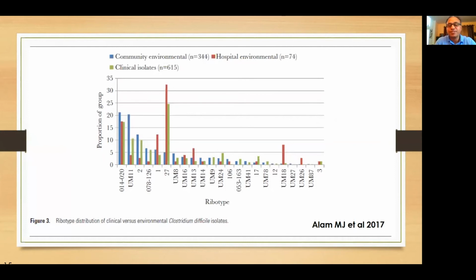Now I should show some other molecular characteristics of this pathogen to understand the diversity of these strains from many different sources, like community environment, hospital environment, and clinical patient isolates. Here, you can see the proportion of various ribotypes of this pathogen is very similar in all these sources: community environmental, hospital environmental, and clinical isolates.